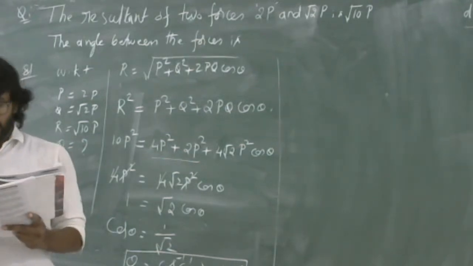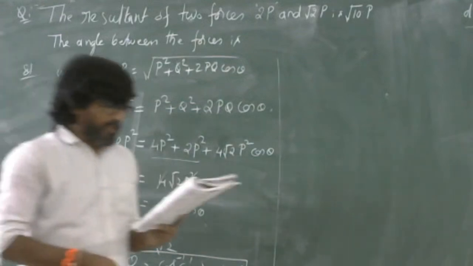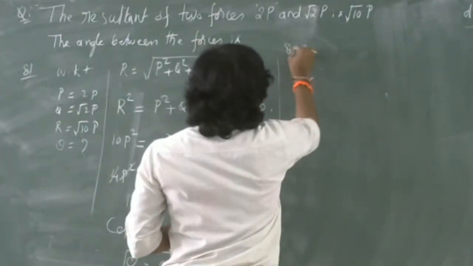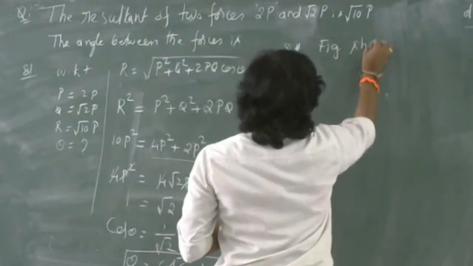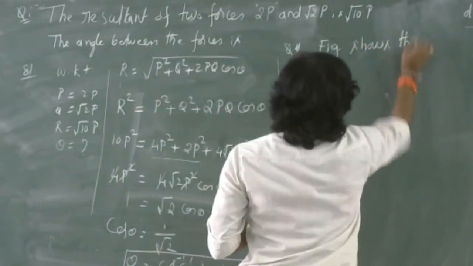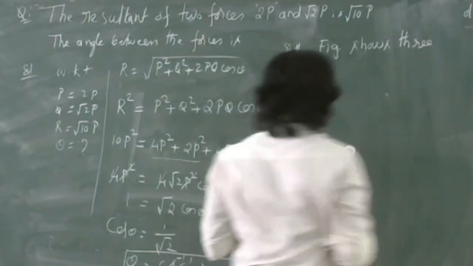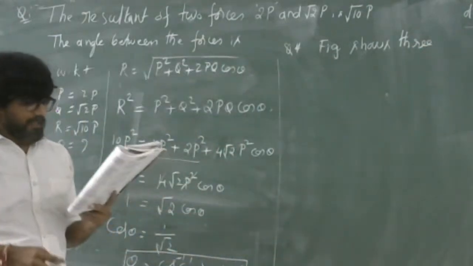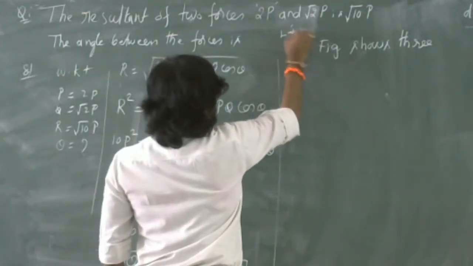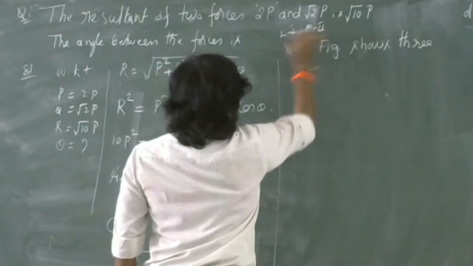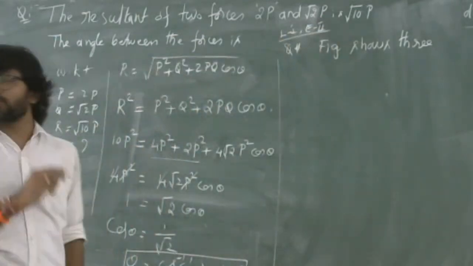Write down. Figure shows three vectors. This is question number 5, level 1, exercise 2. Those who have the questions can go to this.